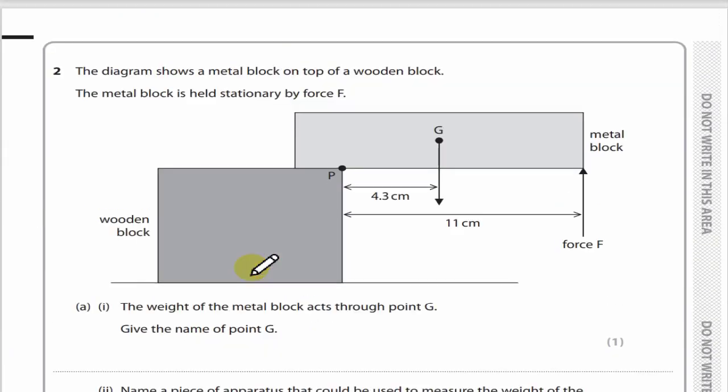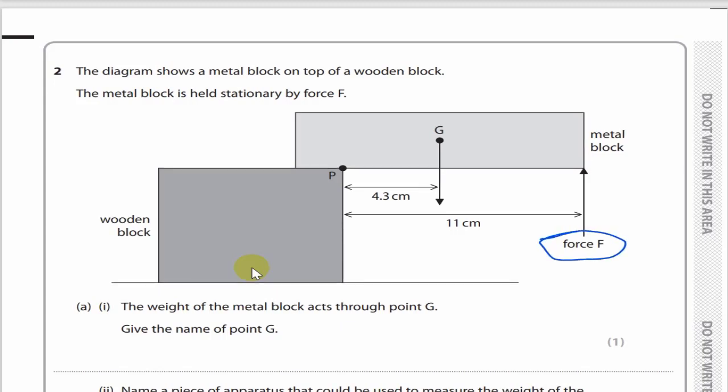Now question number 2. The diagram shows a metal block on top of a wooden block. The metal block is held stationary by force F. This one is the metal block, and here it is force F. The weight of the metal block acts through the point G. The point G is known as the center of gravity.